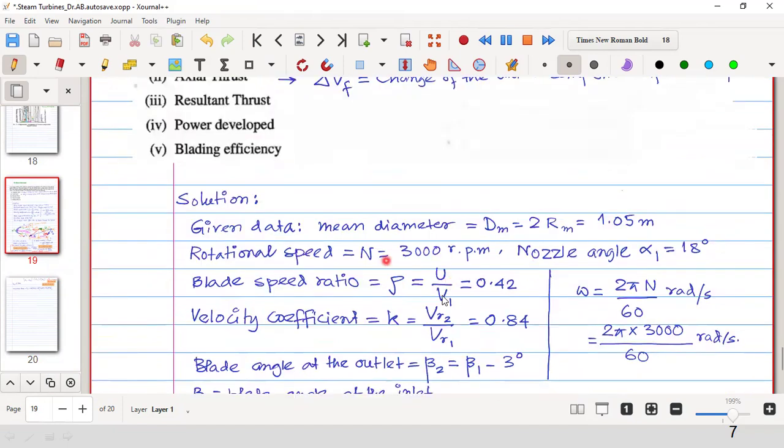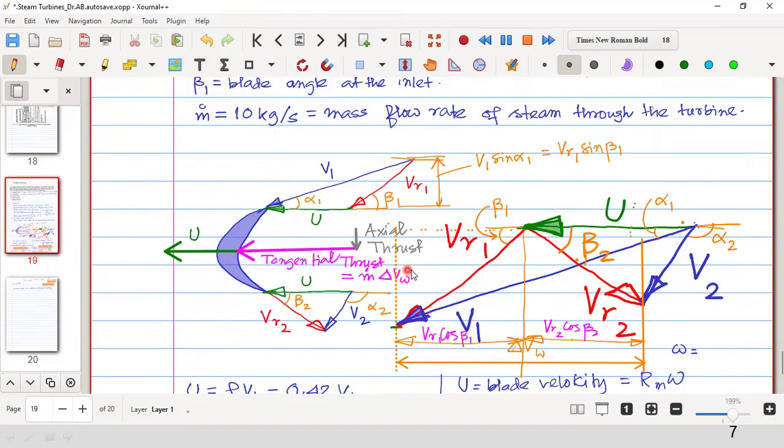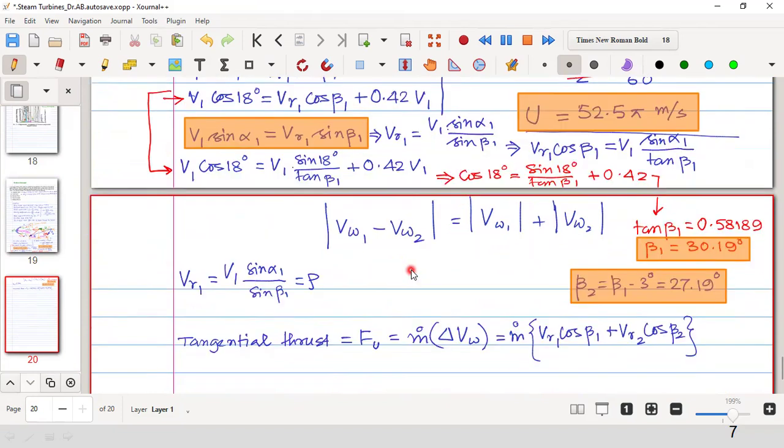So VR1 is equal to u by rho multiplied by sin alpha 1 by sin beta 1.